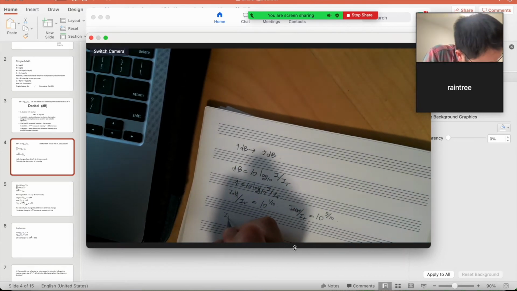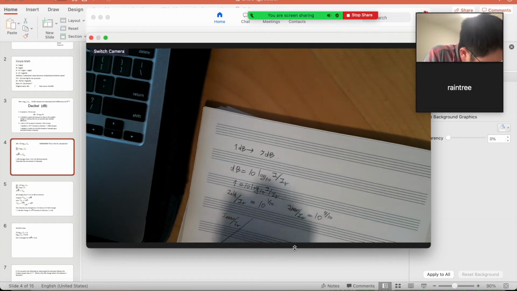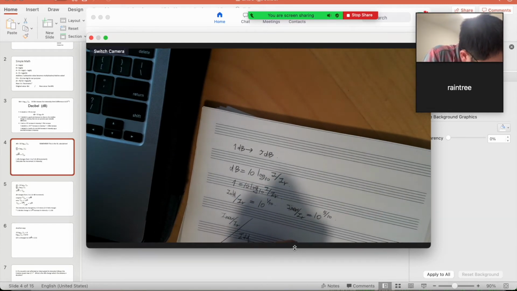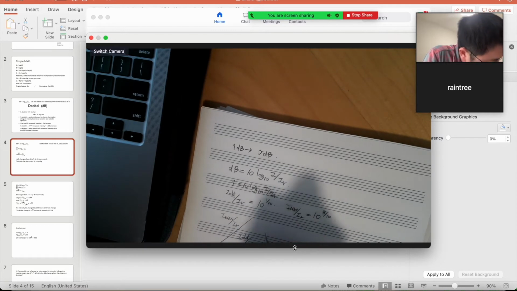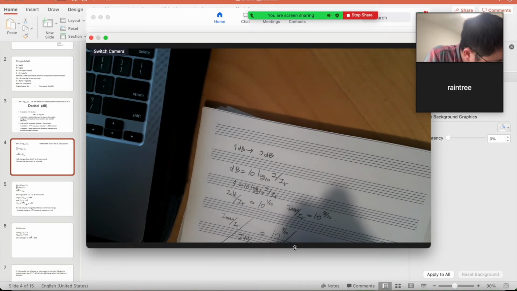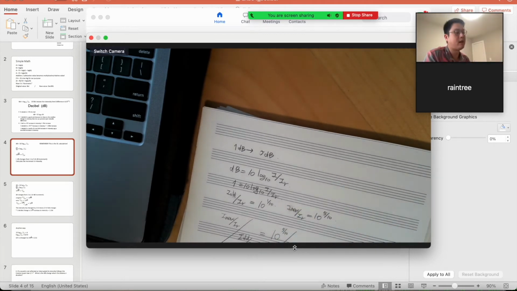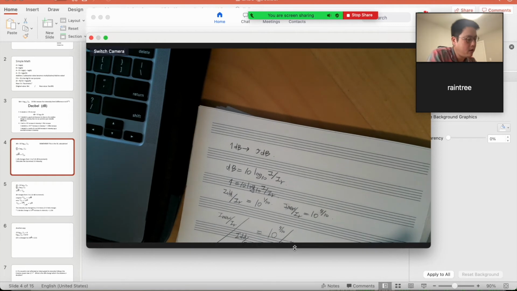I new over IR divided by I old over IR is 10 to the 5 over 10, divided by 10 to the 1 over 10.